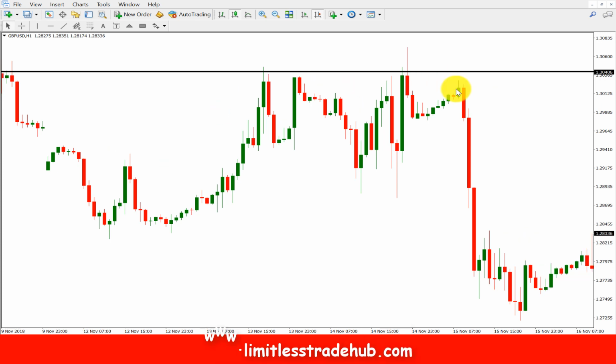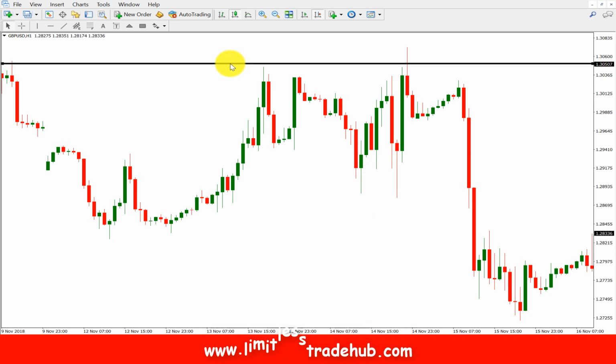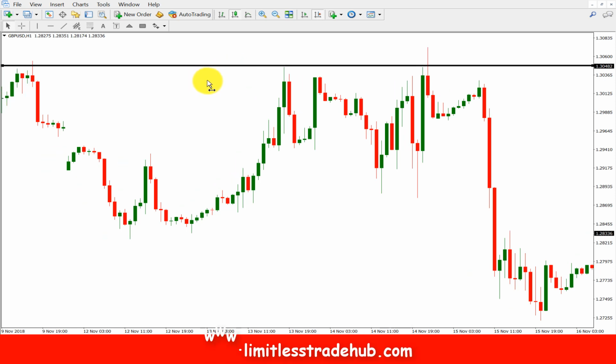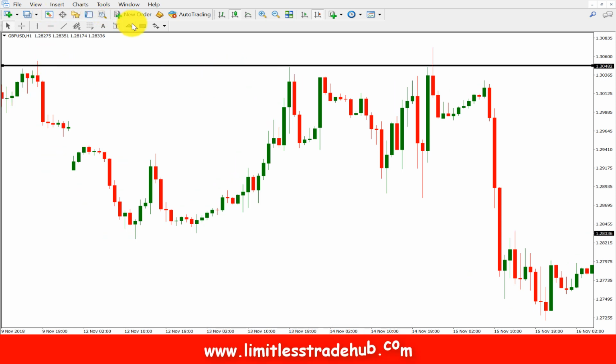We can do technical analysis simply with some lines. Some lines can help us analyze our market technically. For example, this is our first horizontal line. We find a rejection from here, again another rejection from here.